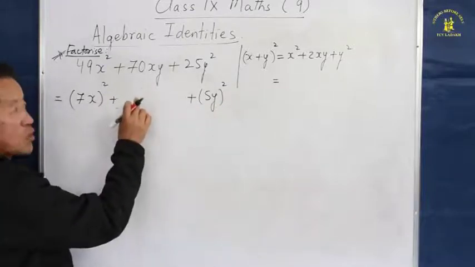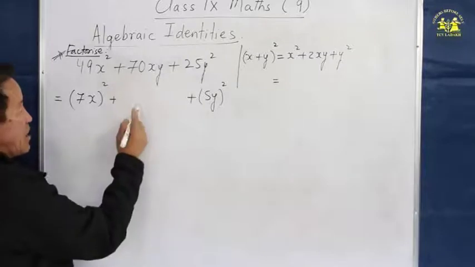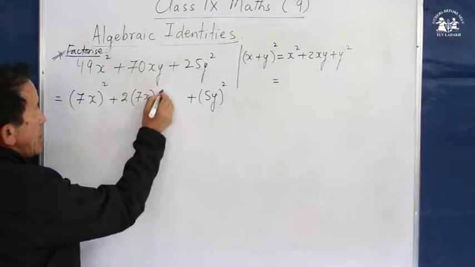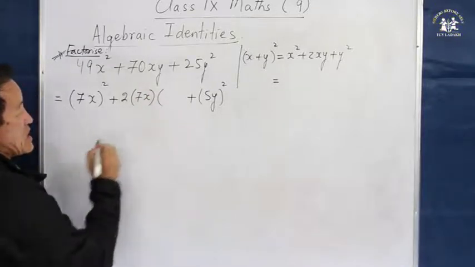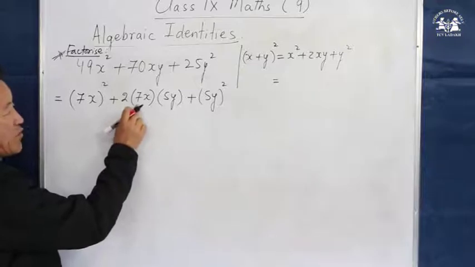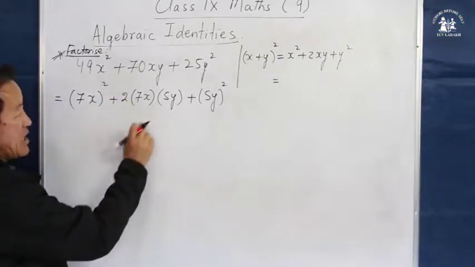Check whether it is equal to 70xy. So 2 into the first term, 7x, into the second term, 5y. Let's multiply: 2 sevens are 14, 14 fives are 70, xy.